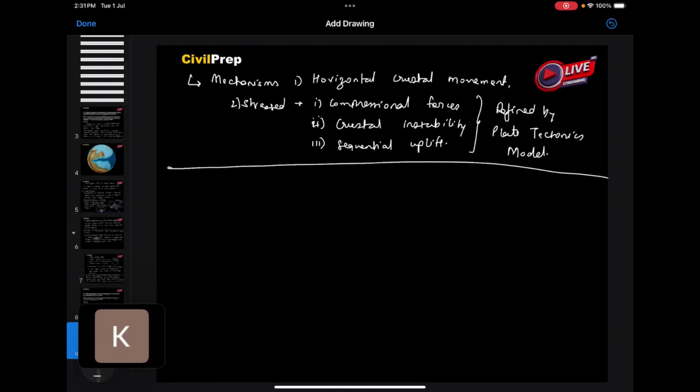Okay, friends, moving to the next aspect, we need to look at geosynclinal theory and plate tectonics linkages.